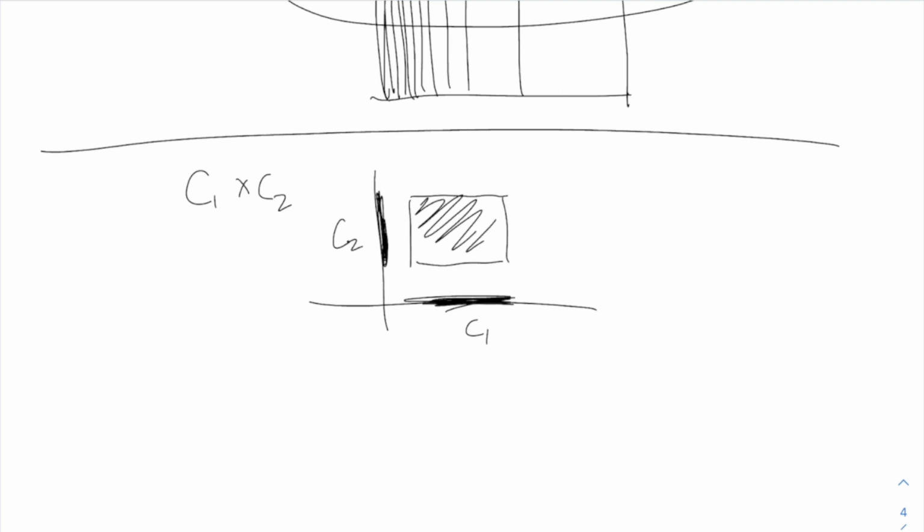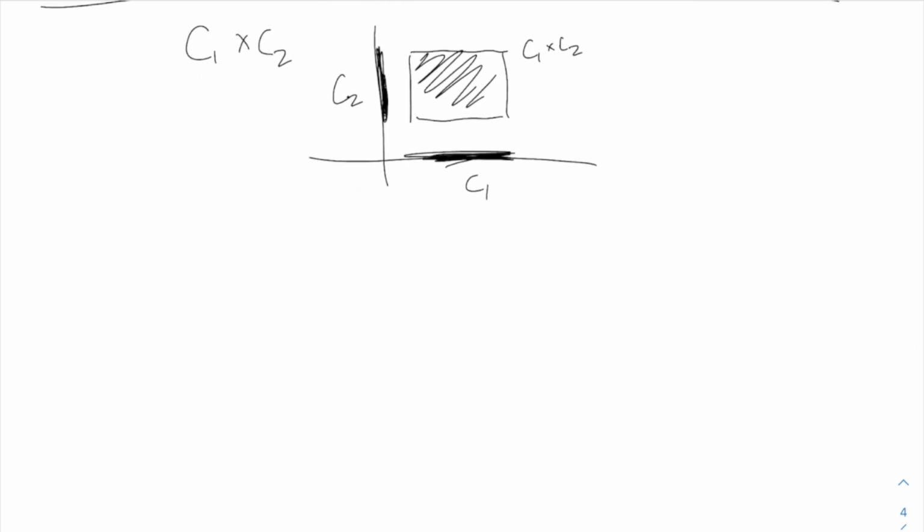That's C1 cross C2. Now here you can see that if C1 and C2 are connected, then the product will be this box which is also connected, although that shouldn't be an example which convinces you in general, because that's a very simple example where I'm taking two intervals, which are very simple kinds of shapes.